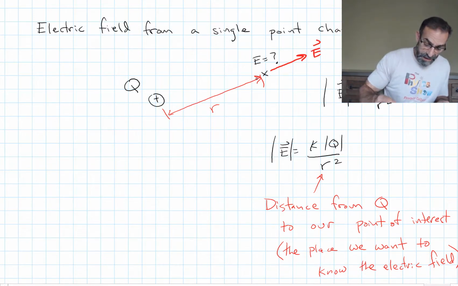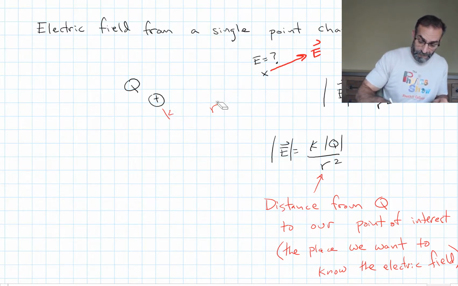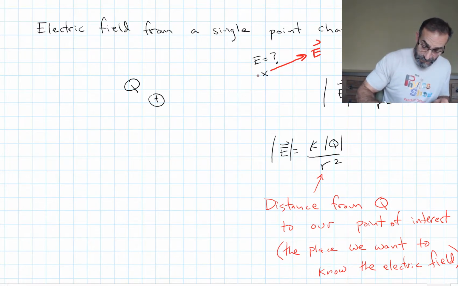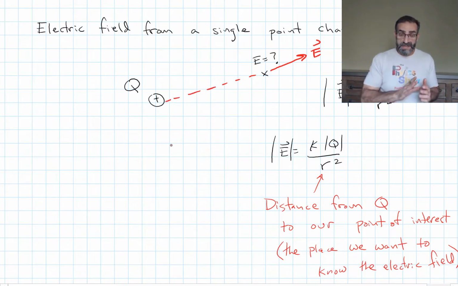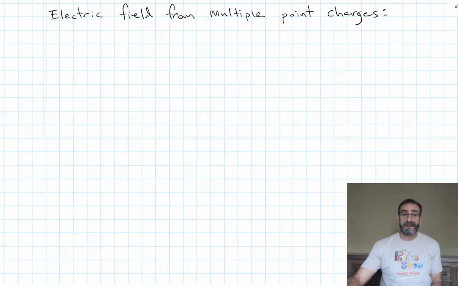If I drew that line back, from the positive charge, it would go radially outward. That was the electric field from a single point charge.